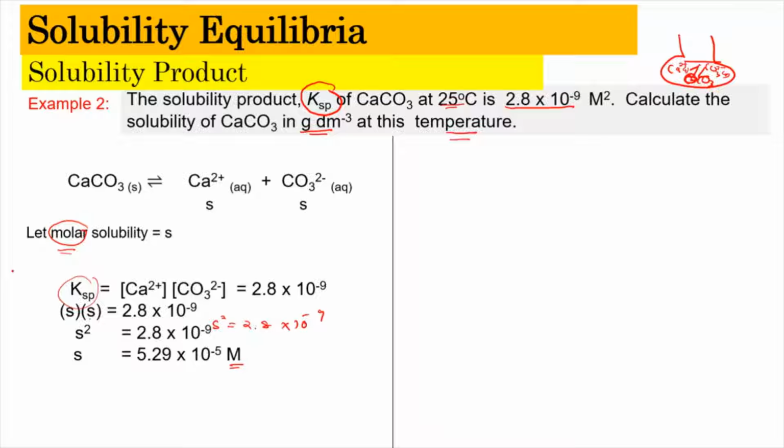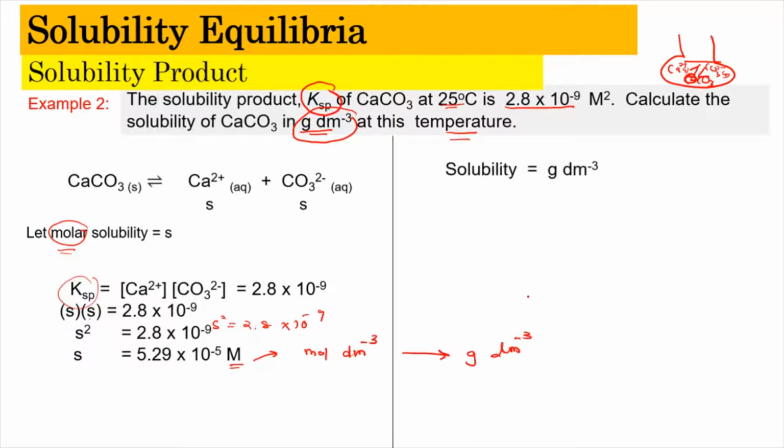Okay. So from here, we have calculated the solubility, which is the molar solubility. But then the question asks us to write that in the unit of gram per dm cube. So this unit here is in mole per dm cube, but then we need to convert that into gram per dm cube.